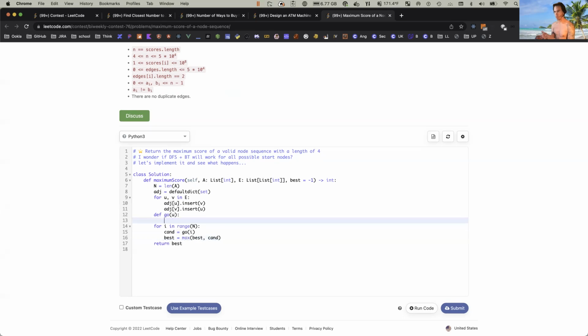Go will return the maximum from that starting position. How many hops we have as well, right? Hop equals 0. If hop equals 4, then return 0.